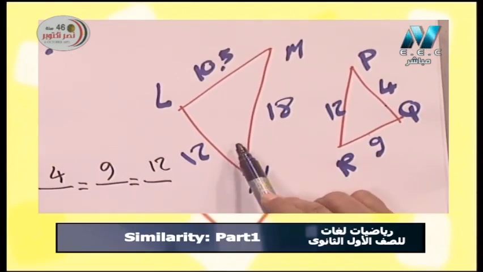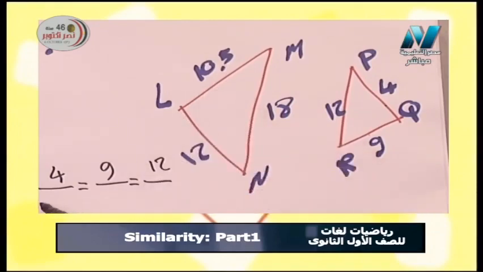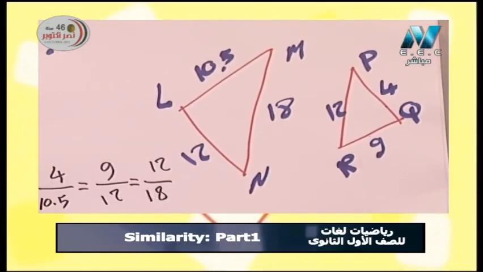Let's move to the second triangle. The smallest side is 10.5, 12, and 18. Look carefully, and you can use your calculator to decide.